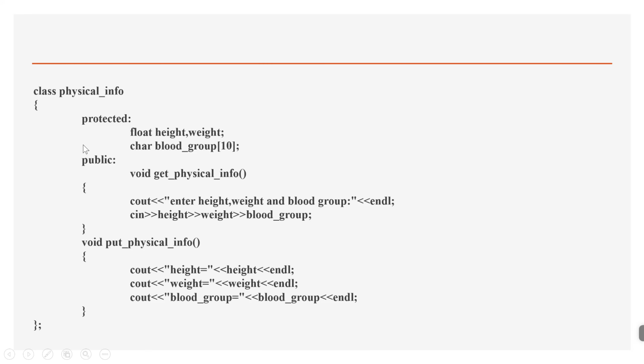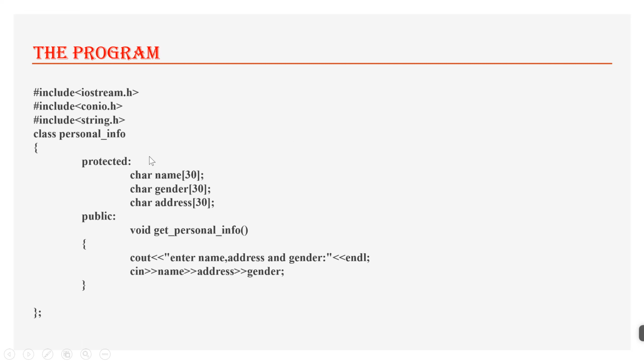Now I have another base class called physical info, wherein height and weight are floats and blood group is a string.